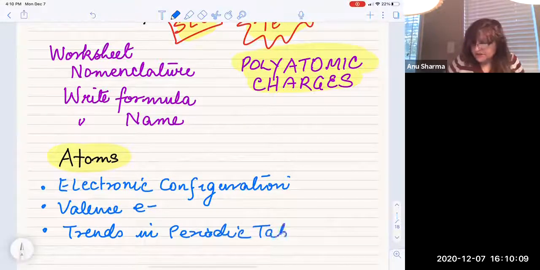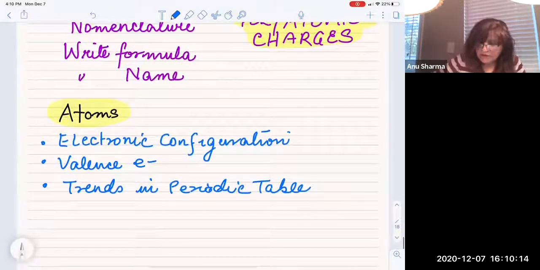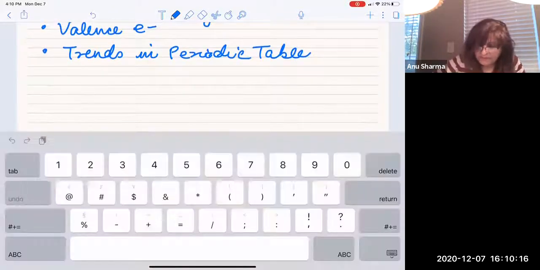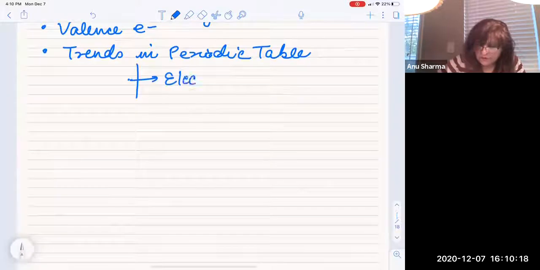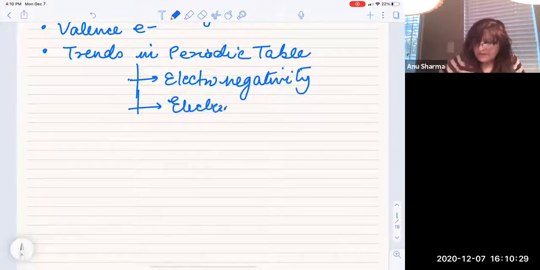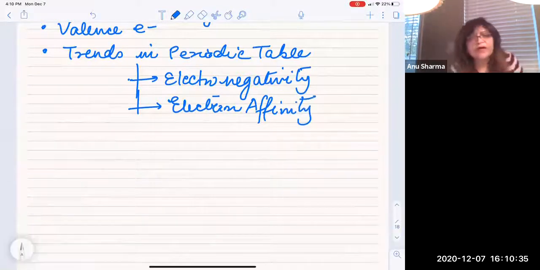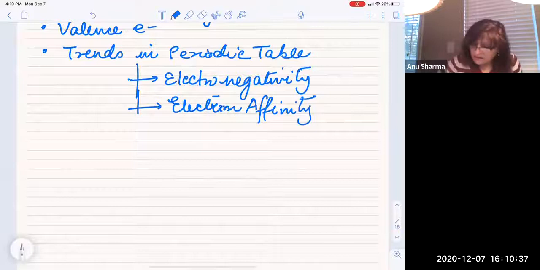Especially the trends that relate to the electron affinity and the electronegativity. What is electronegativity? Again, we covered this in detail in the lecture notes. And then the electron affinity.